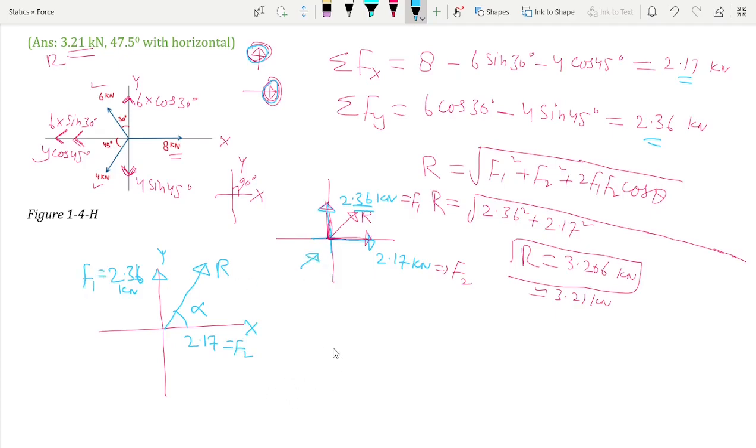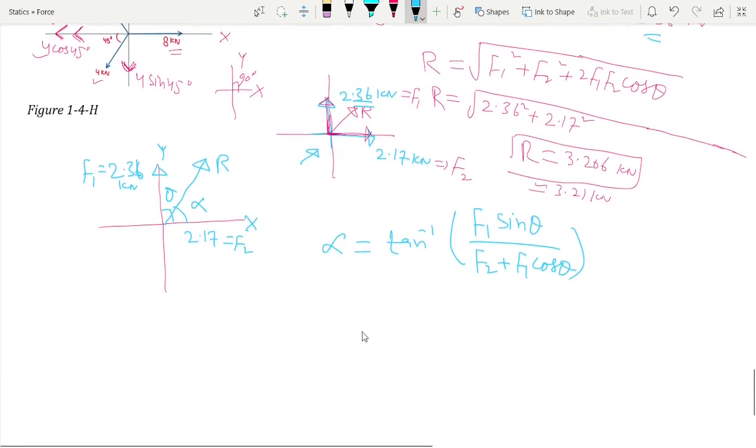Now, as I have told you, in the parallelogram method alpha is tan inverse of f1 sine theta divided by f2 plus f1 cos theta, where theta is the angle between them, which is 90 degrees. So let's put the values.